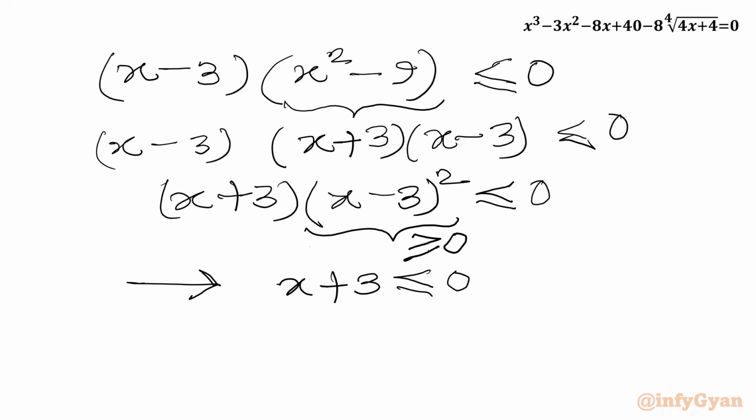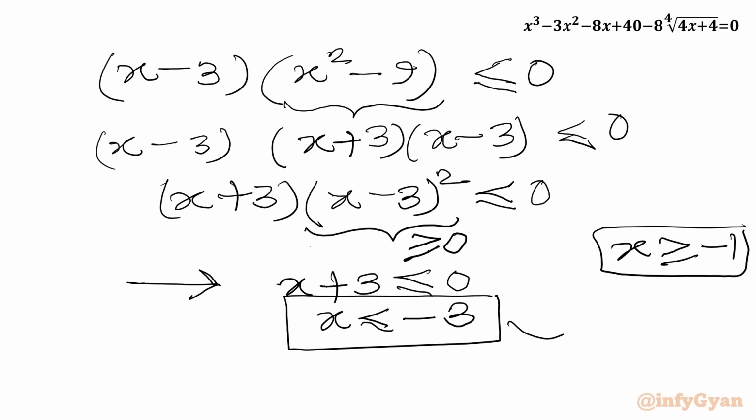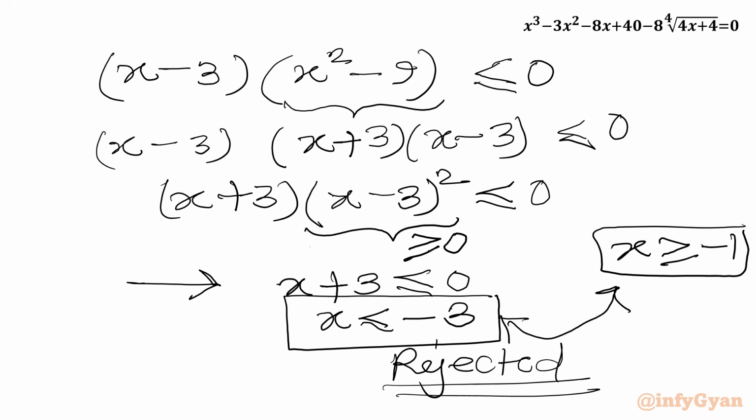If this inequality holds true, we subtract 3 from both sides and write x should be less than or equal to minus 3, which is a contradictory condition as per our domain. x should be greater than or equal to minus 1. So these two inequalities contradict each other. We will reject this condition.